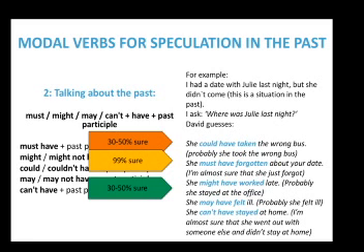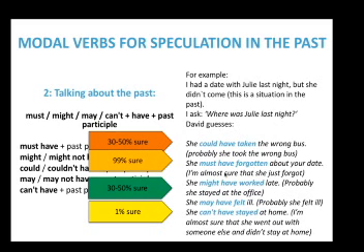He also says that she might have worked late because he is 30 to 50% sure that she was in the office working, and then he says she may have felt ill because he's also 30 to 50% sure that she was ill, and finally he says she can't have stayed at home. I'm almost sure that she went out with someone else and didn't stay at home.